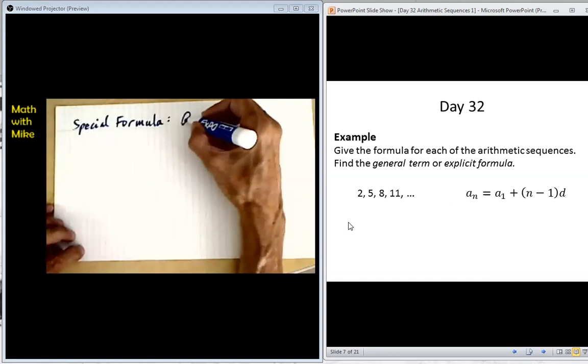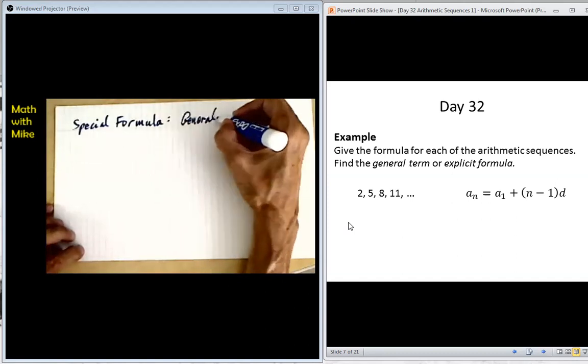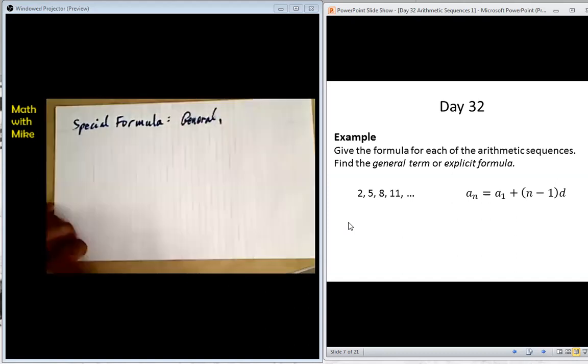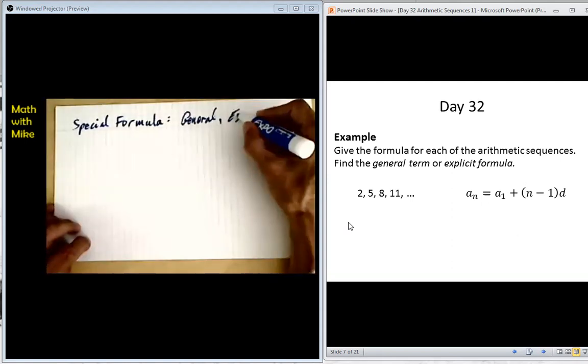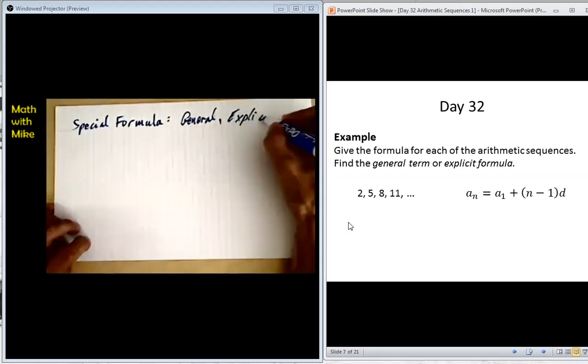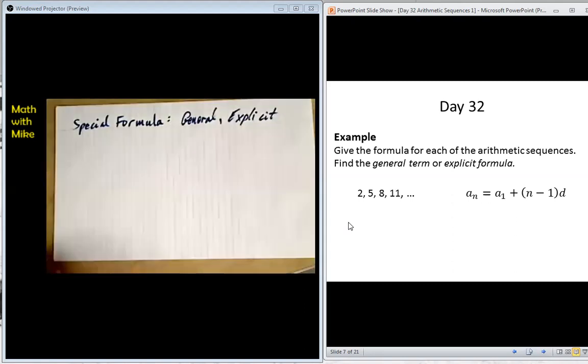One of them is the general term, and the other is the explicit formula. Okay, but general and explicit, same thing. Special formula for this particular sequence here.